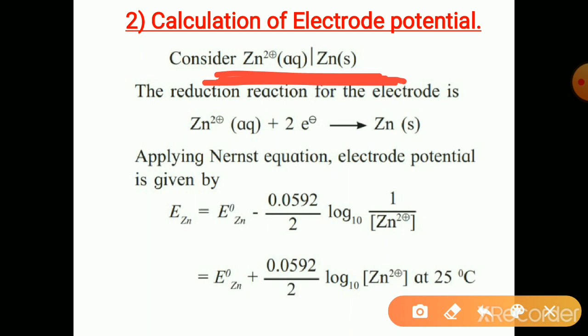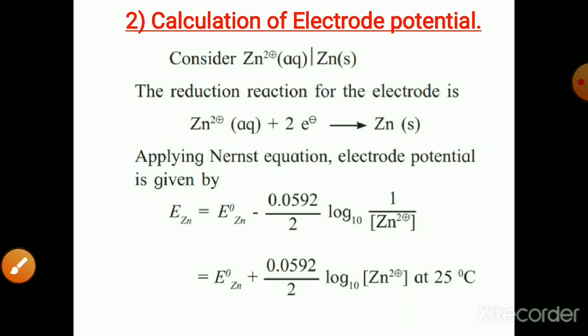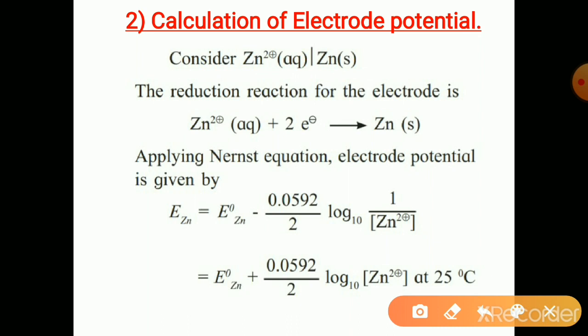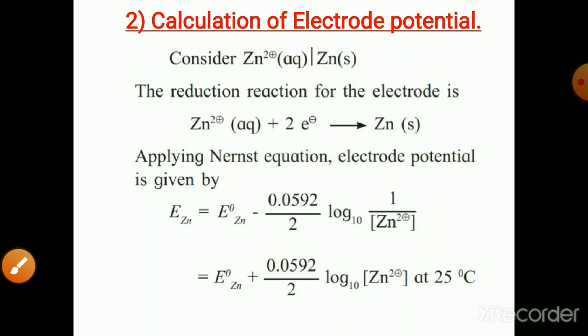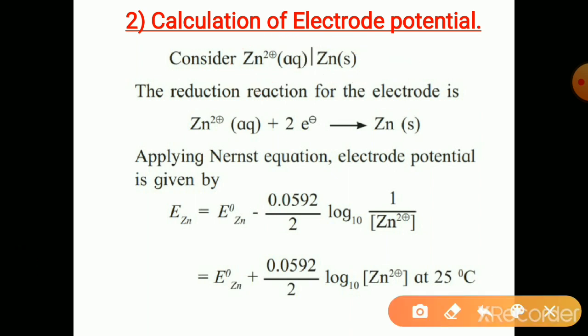While representing an electrode, we write the ionic species which is in contact with the metallic electrode first. Now the corresponding reaction is written: Zn2+ undergoes reduction.